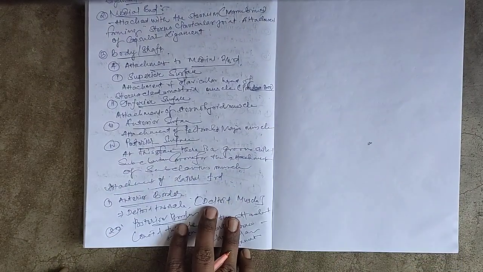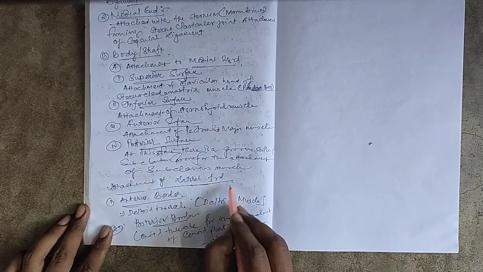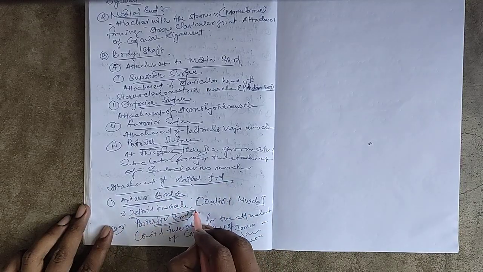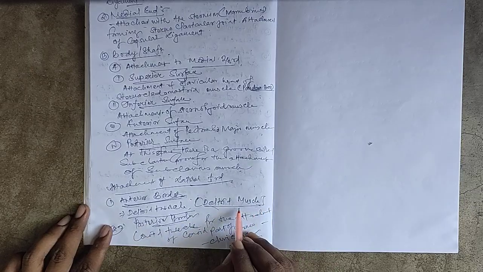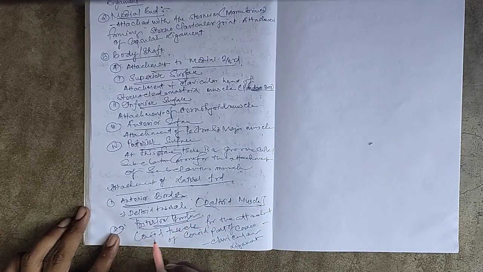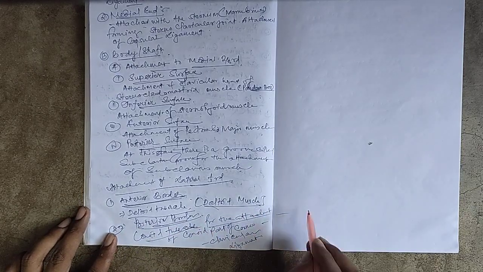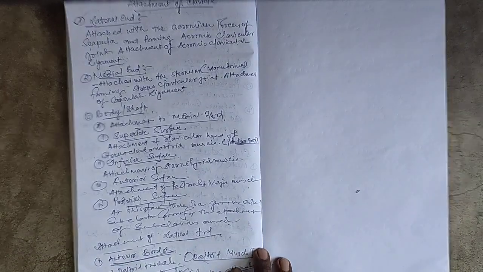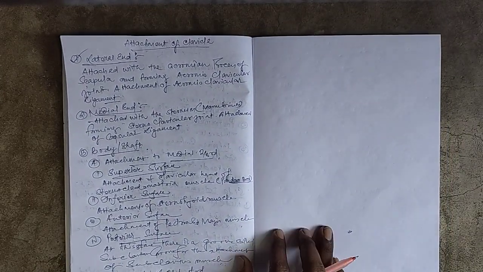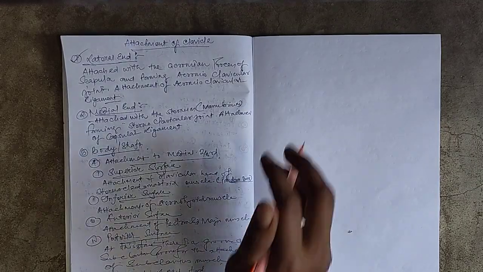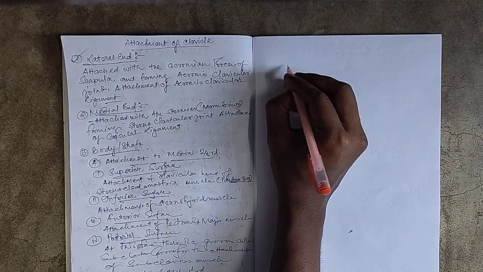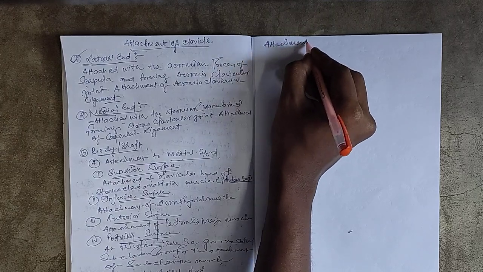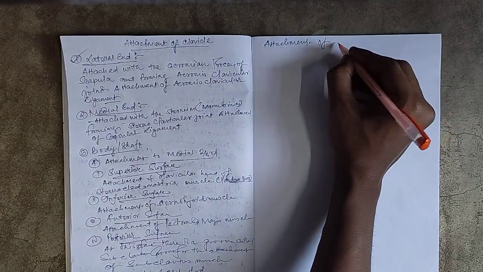So what are the attachments? In case of attachment of lateral one-third, here is the anterior border. Here we have deltoid tubercle for the attachment of deltoid muscle. Then posterior border. Here we have the conoid tubercle for the attachment of the conoid part of the coracoclavicular ligament, and we also have the attachment of trapezius muscle.